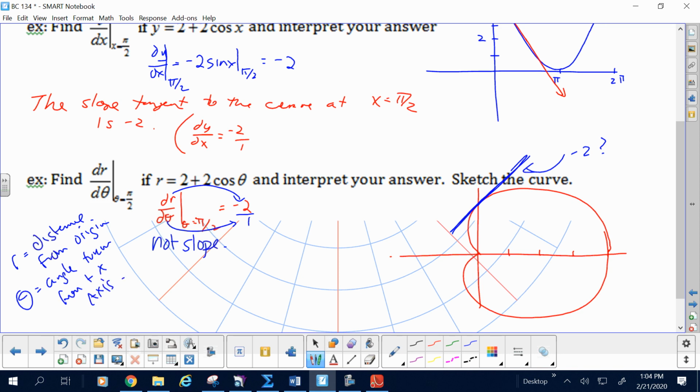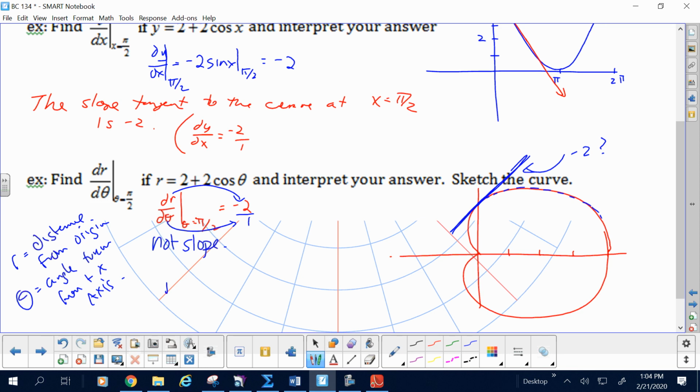So when we get a result of -2, that means that as we turn in a normal way, so d theta is positive, as we go along the curve, the distance from the origin is decreasing. And that's pretty common.